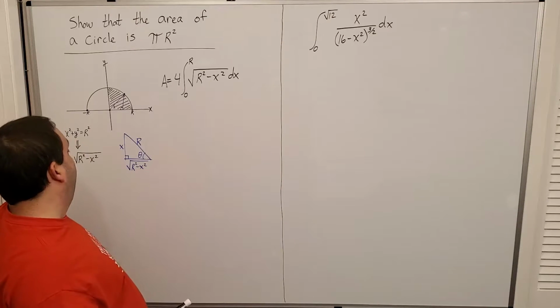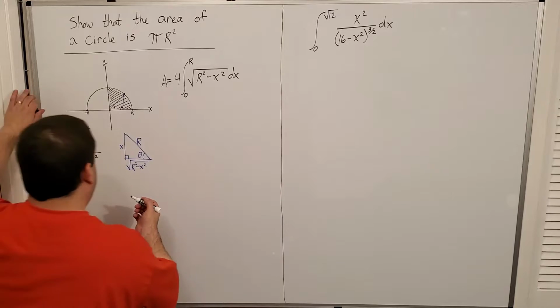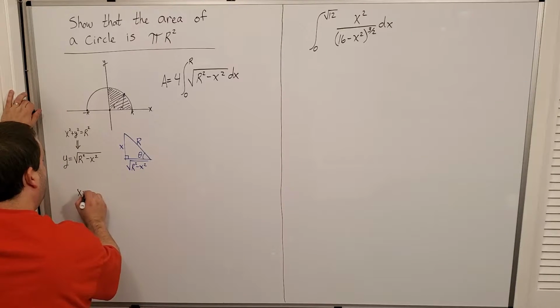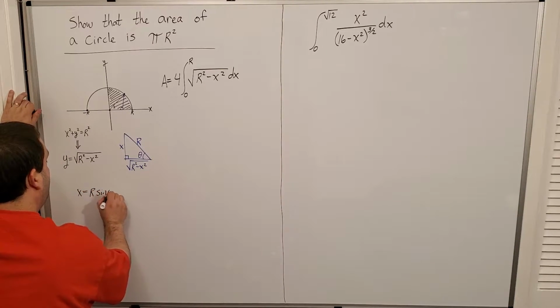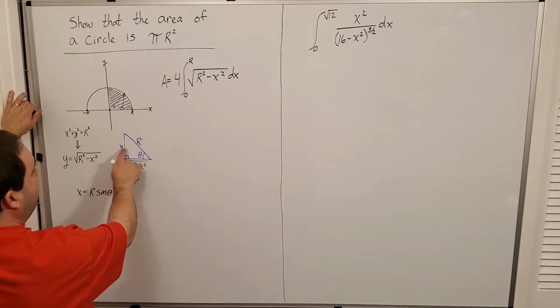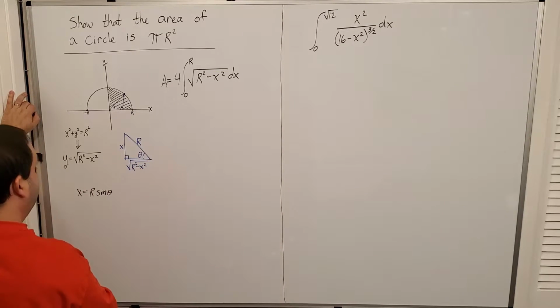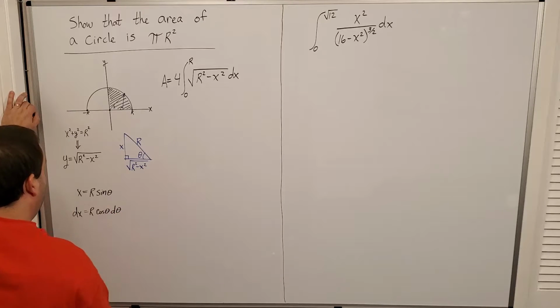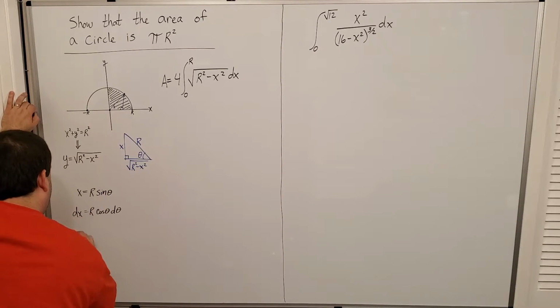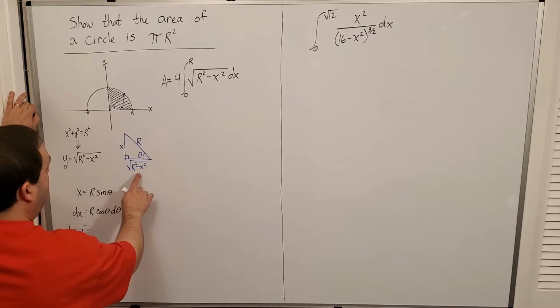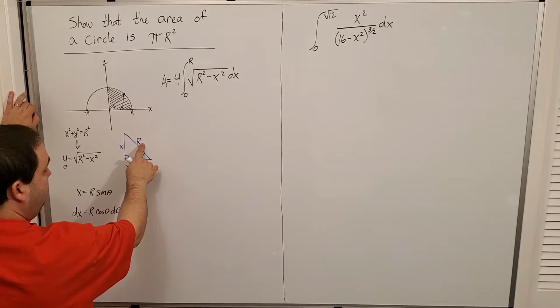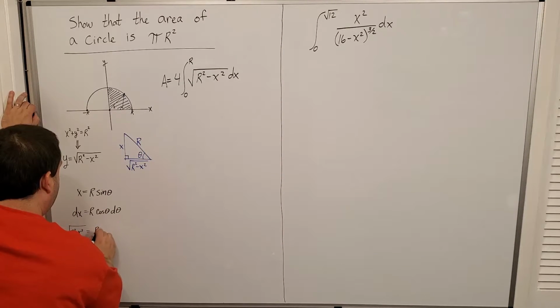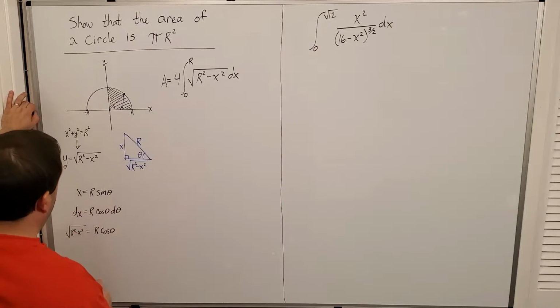My substitution therefore is that x is going to equal r times sine theta, because x over r is going to be sine theta. Therefore dx is going to be r cosine theta d theta. And lastly, this square root of r squared minus x squared over r is cosine. So it's going to be equal to r times the cosine of theta.